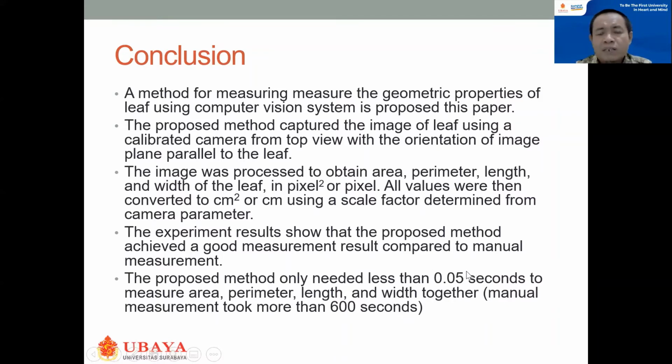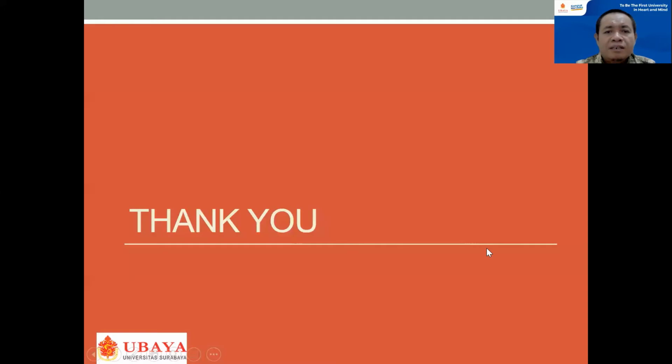In manual measurement, to measure area, perimeter, length, and width, we need more than 600 seconds. Okay, so this is the conclusion, and thank you very much.